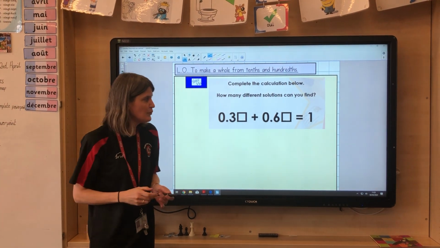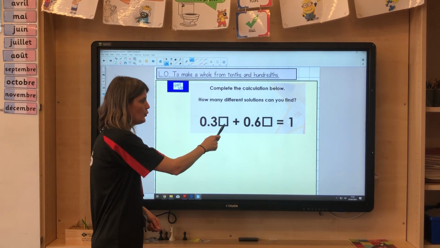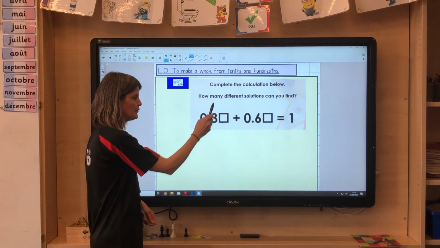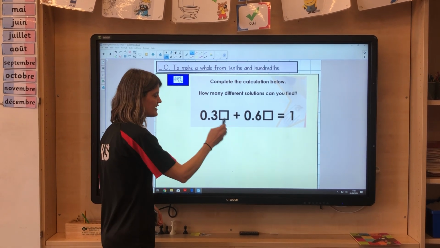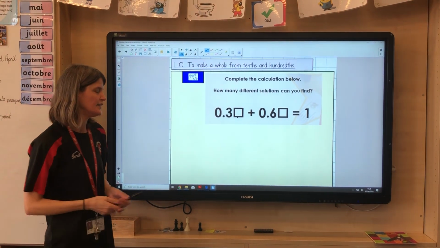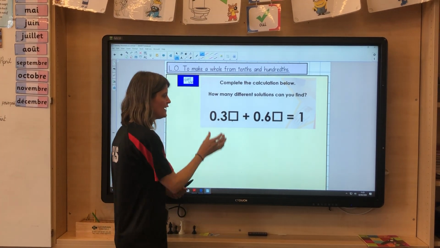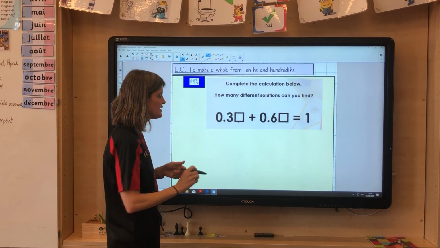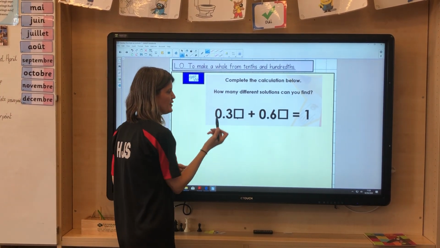Finally, for those of you that want a little bit more of a challenge, what numbers could go in the missing tenths, hundredths column? So I've got 3 tenths and 6 tenths, how many hundredths? Now this is where your number bonds come in. In order to make one whole, if we think of the value of number bonds to 100, what add what equals 100, my number bonds to 10 come in handy here.